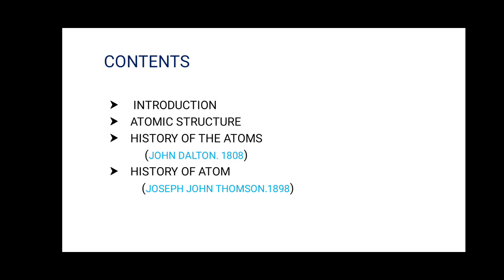What is matter? Matter is anything that has mass and volume. They occupy space. For example, a table would be said to be made up of matter, as it has mass and occupies space, volume.